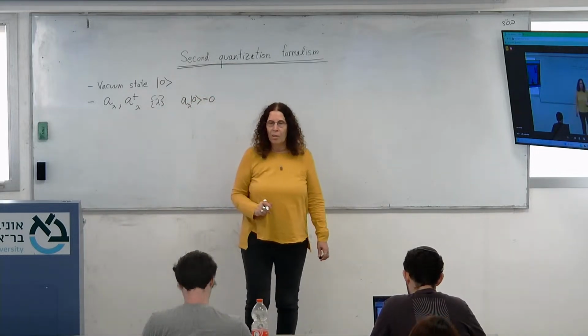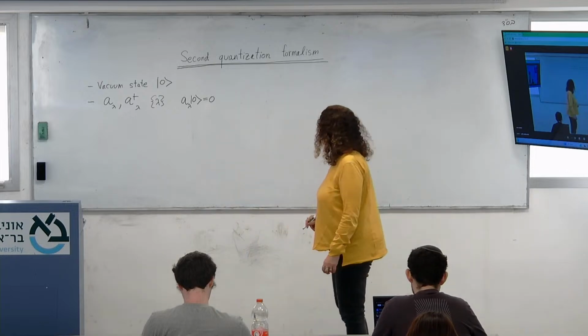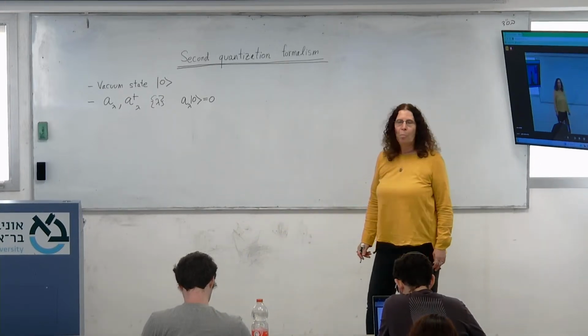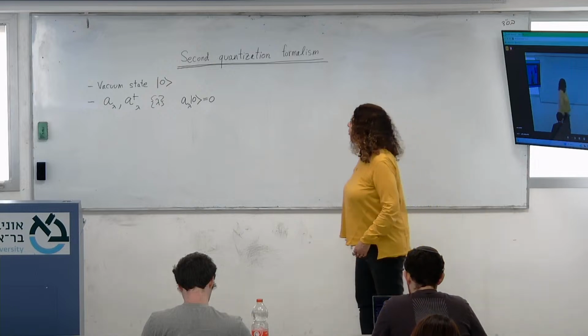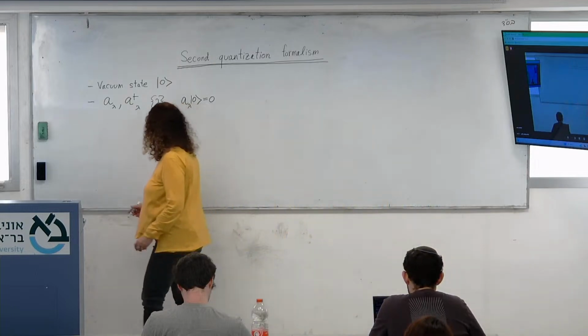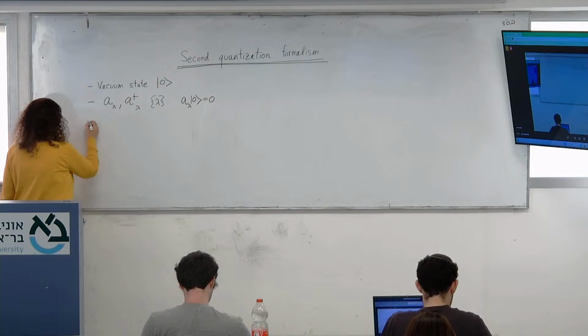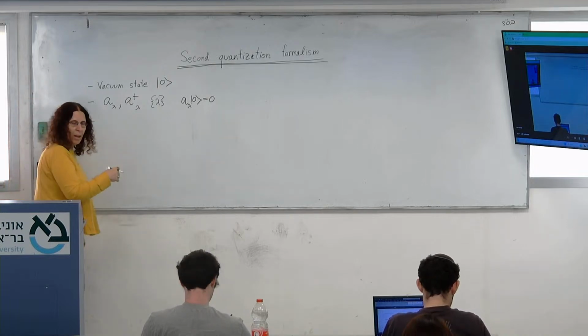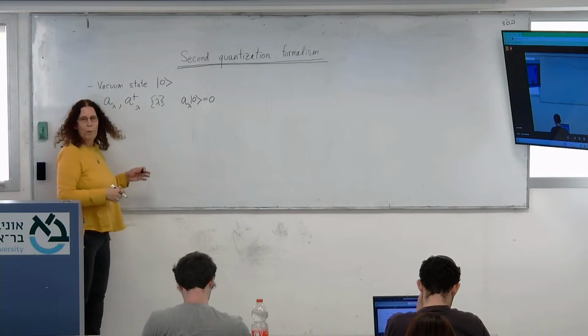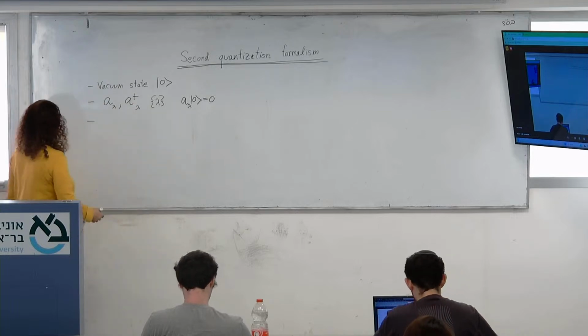It annihilates the vacuum, and therefore any many-body state for arbitrary particle numbers can be expressed in terms of states that are created by applying the creation operators on the vacuum.